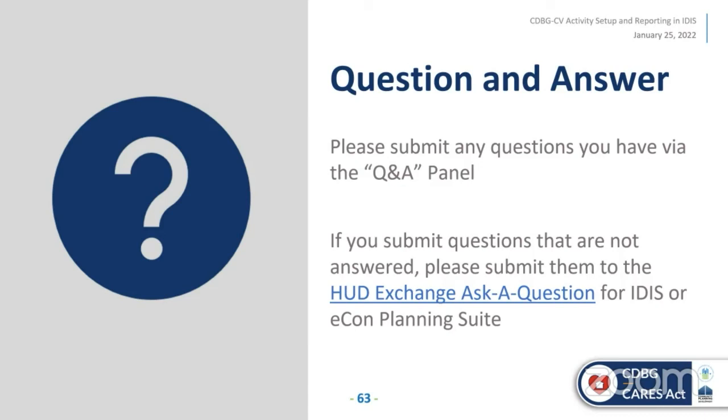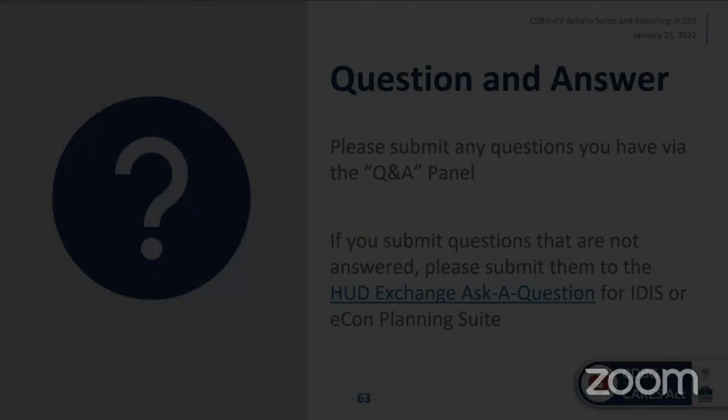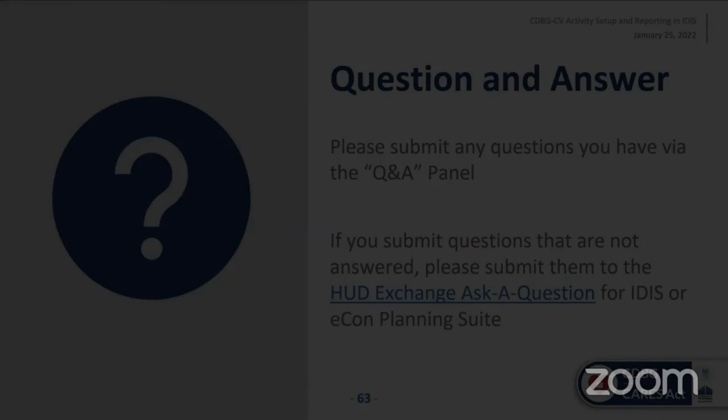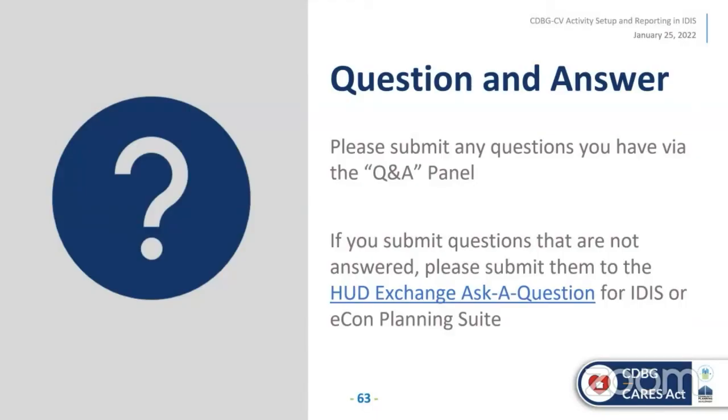Although the grantee may qualify the applicant based on household income, when you report beneficiaries, because you use limited clientele, you count all the persons within the household as the number of persons benefited. So for example, if one household has 3 people, when you report accomplishments, you enter 3 as the number of persons assisted. Okay, thank you.